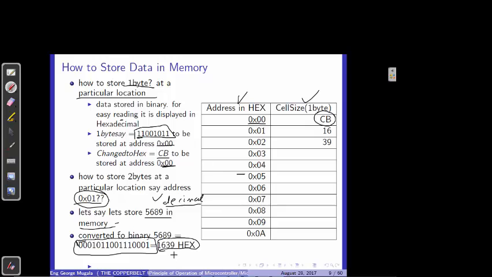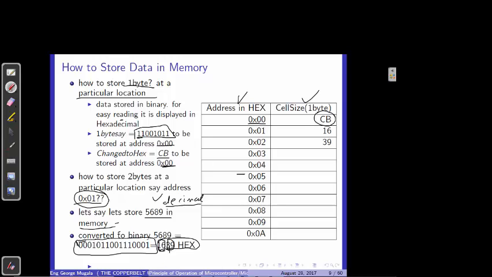Guys, I just want you to understand that this number, which is in binary form, we can divide into hex as 1639, where 16 represents the upper byte and 39 represents the lower byte.